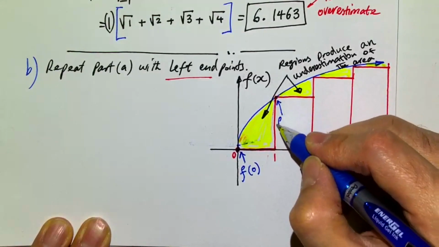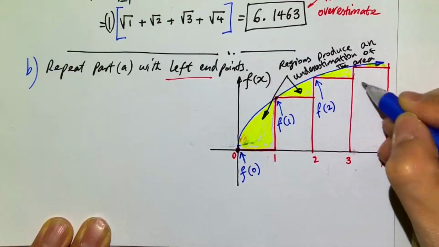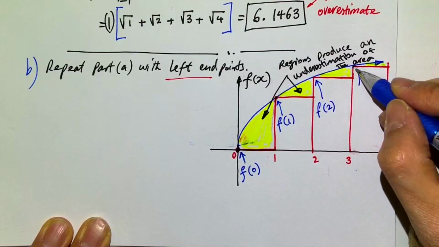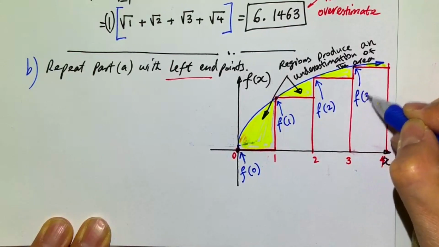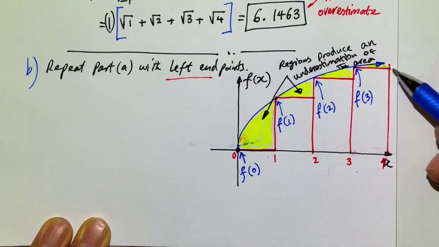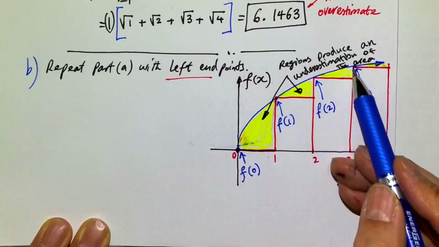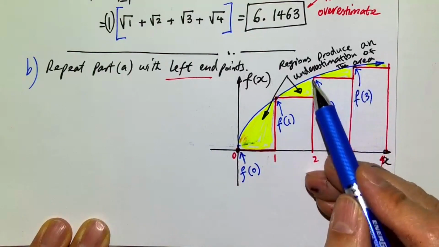So that would be f at 1. This would be f at 2. And then finally, that one would be f at 3. We're not going to have the function value at 4, right? Because that's the right corner point. We're using the left end or corner points here.